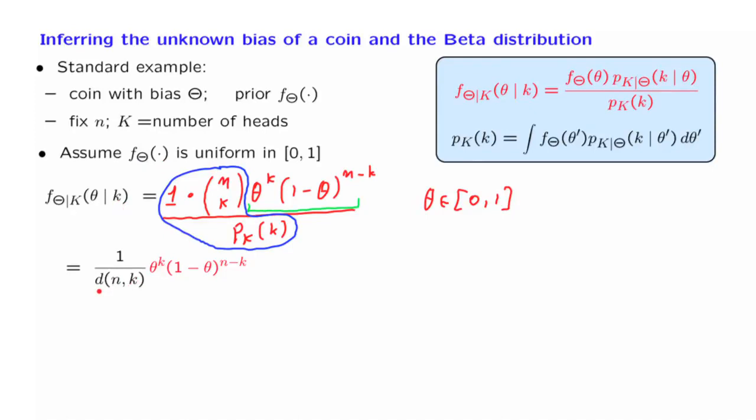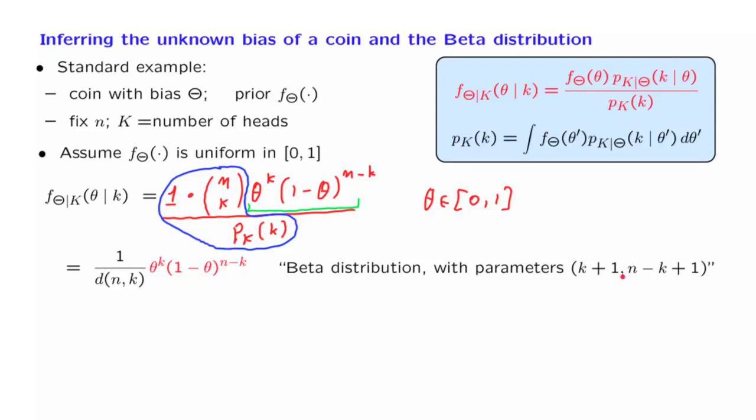This particular form of the posterior distribution for theta is a certain type of density, and it shows up in various contexts. And for this reason, it has a name. It is called a beta distribution with certain parameters, and the parameters reflect the exponents that we have up here in the two terms.